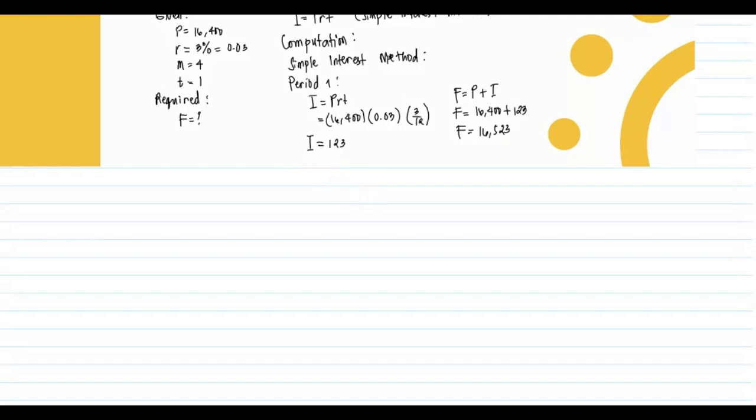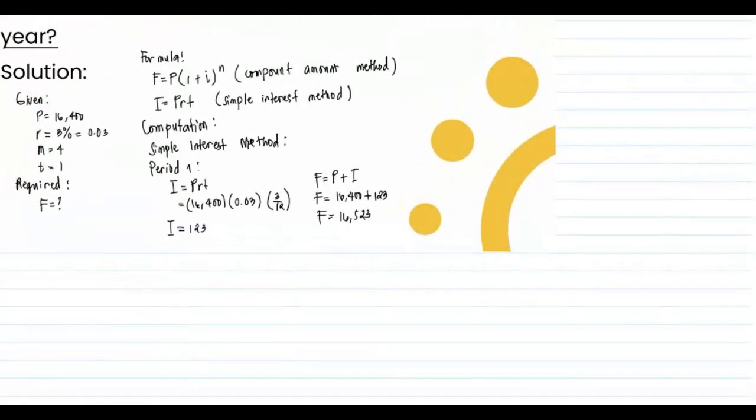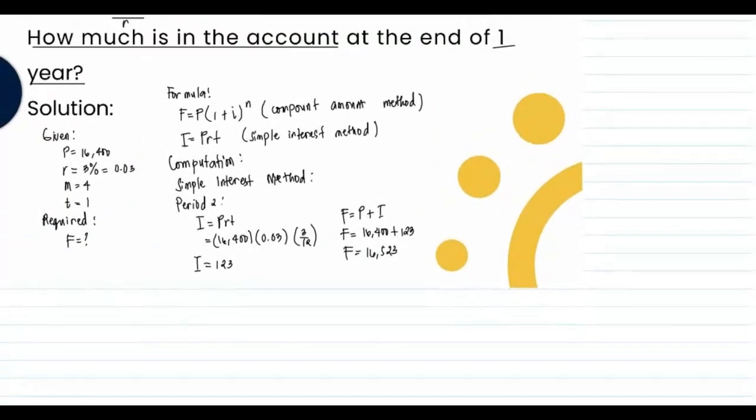So, anyways, it's a bit difficult in this part. So, I'll just move to this portion. I'll just take note of this one instead. So, I'll do period 2 right away. So, period 2. And then, I'm just going to erase the value here. So, it's going to be 16,523. Then, we are going to determine its simple interest.